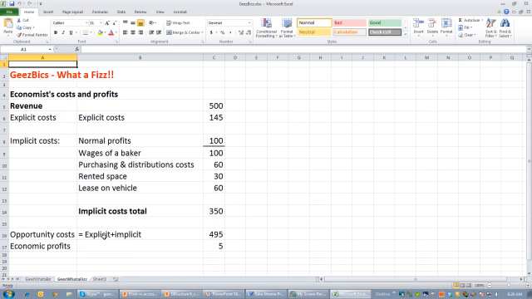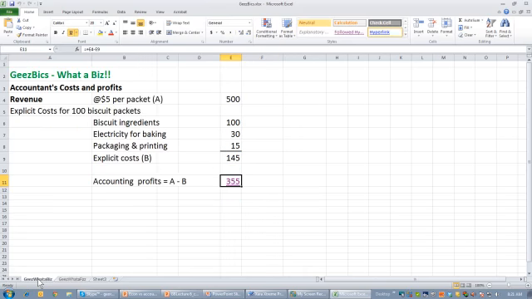And if we add both explicit and implicit costs, we arrive at $495. Take that away from the revenue of $500, and we arrive at economic profits of $5. That looks much less attractive than the accountant's version of $355.